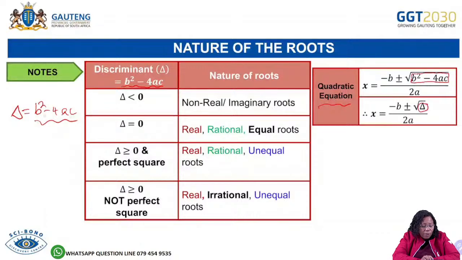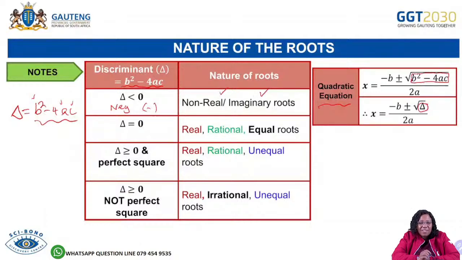When we calculate this, we use the b value, the a value and the c value from the quadratic equation. Now if you calculate the discriminant and find that your answer is less than 0, meaning your answer is negative, your roots will be non-real, or imaginary roots.